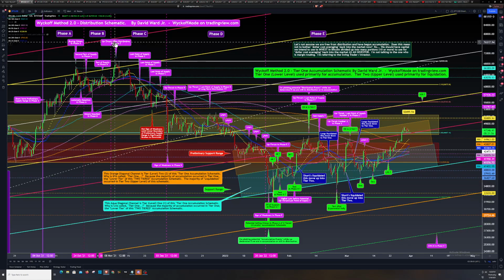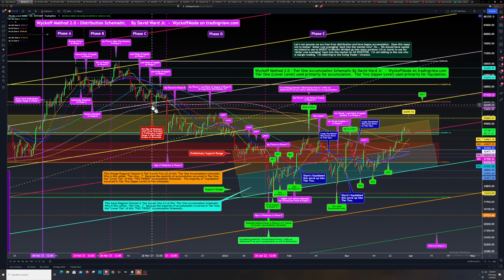And by the way, this was an upthrust after distribution because we closed above this high here on the buying climax. So that was a legitimate upthrust after distribution in phase C, as in Charlie. Last point of supply.